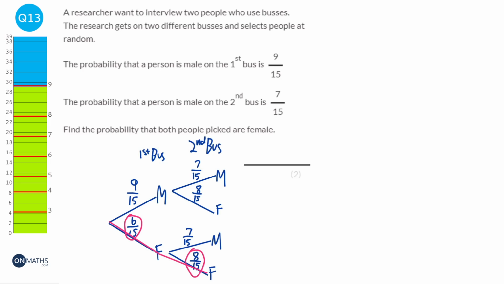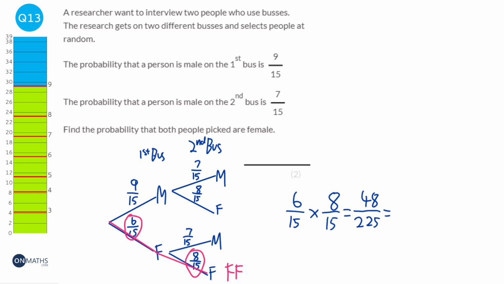So whenever you're finding the probability of getting to an outcome, this outcome will be FF, because they're both female, you multiply the fractions that you go across. So it would be 6 over 15 times 8 over 15. So 6 times 8 is 48, and times the bottoms, 15 times 15 is 225.